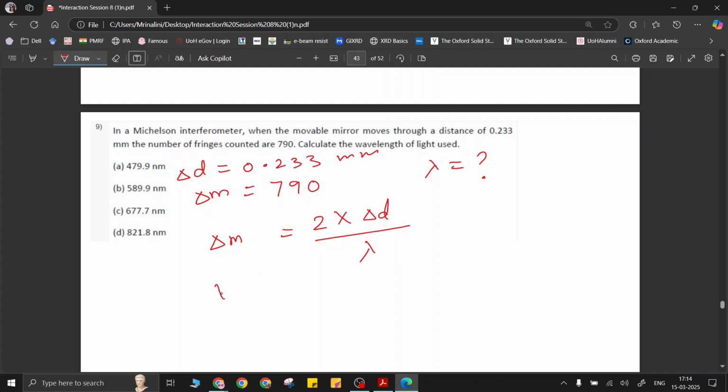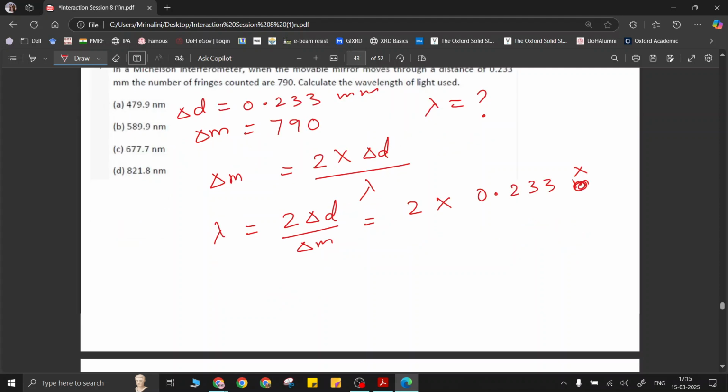From this formula, the lambda we can find out as 2 multiplied by delta d divided by delta m. So the values when you will put delta d is 0.233 millimeter. Our answers are in nanometer. So wait, let me put this millimeter to nanometer. Let me do it properly.